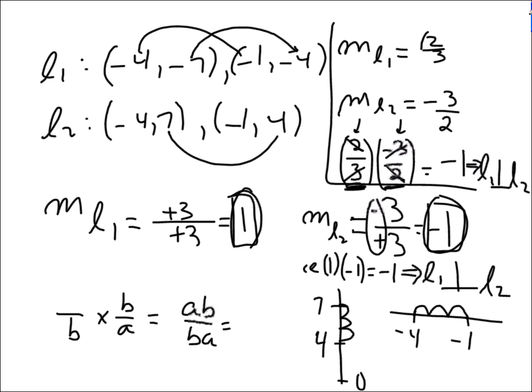But that's 1. And if I leave this A as positive, but I make that negative, then the answer will be negative 1. If you flip A over B and you change your sign, that product will be negative 1. That's another way. Negative reciprocals.